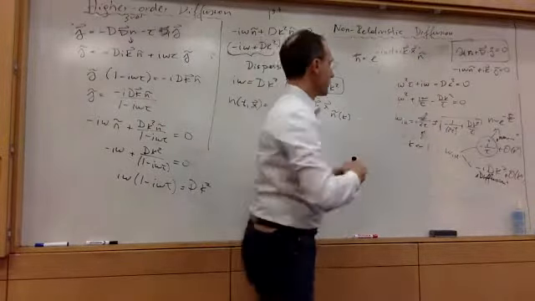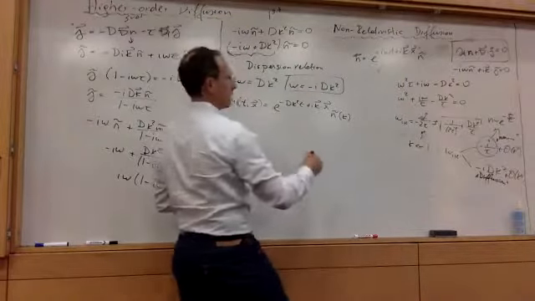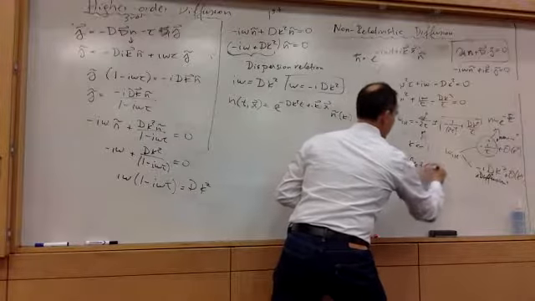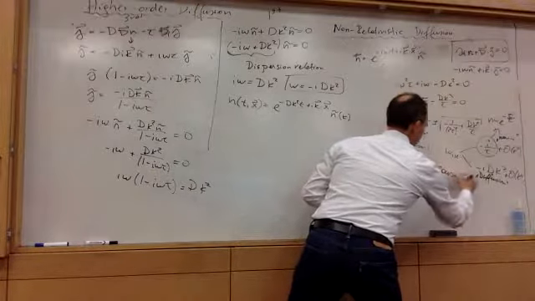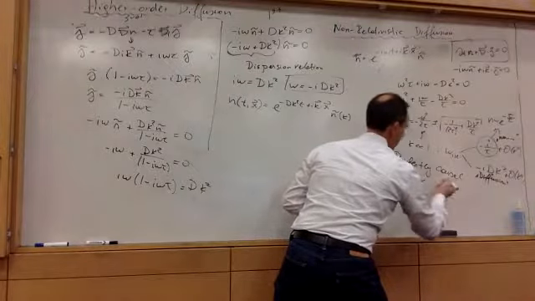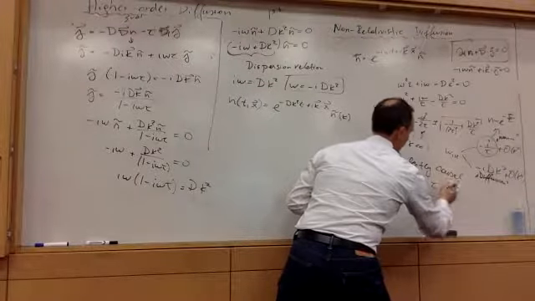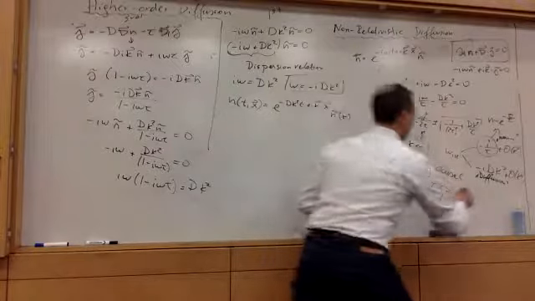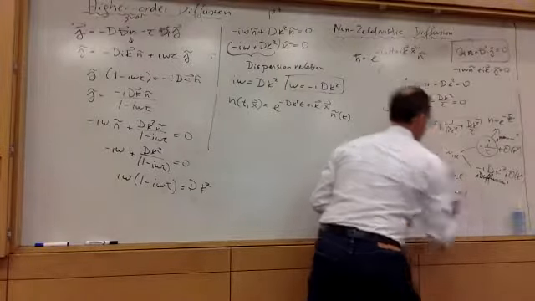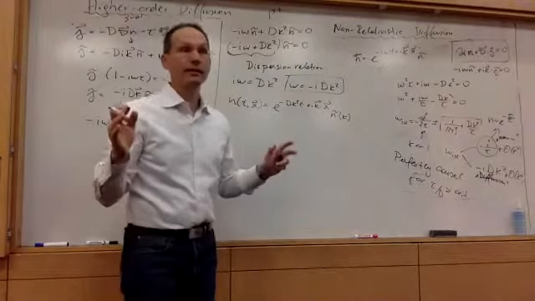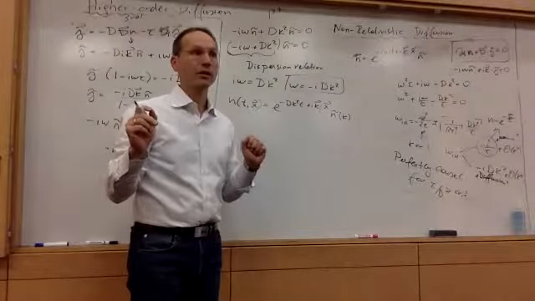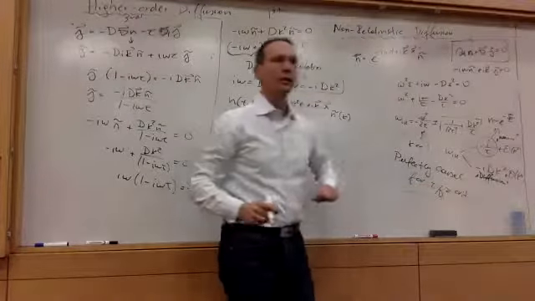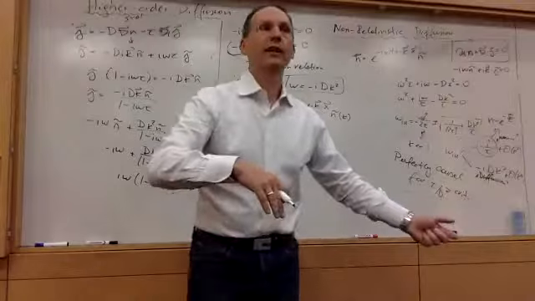So I claim that this theory here is perfectly causal for tau over D larger than some critical number. So the speed is always finite as long as this parameter tau is finite. And for a particular ratio of these two, this critical value will actually be less than the speed of light.